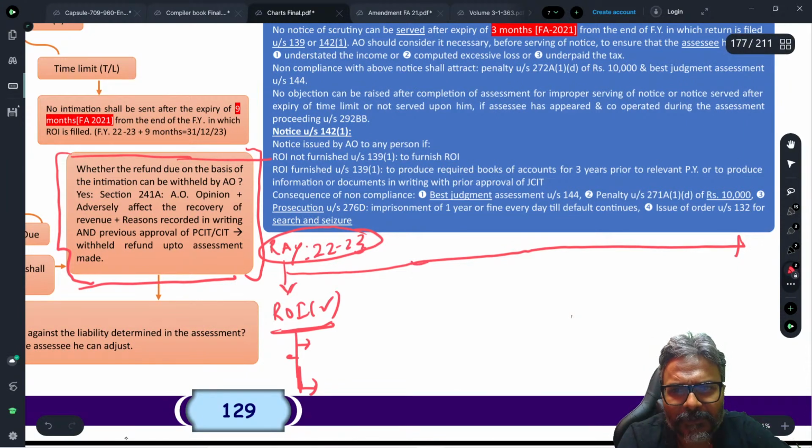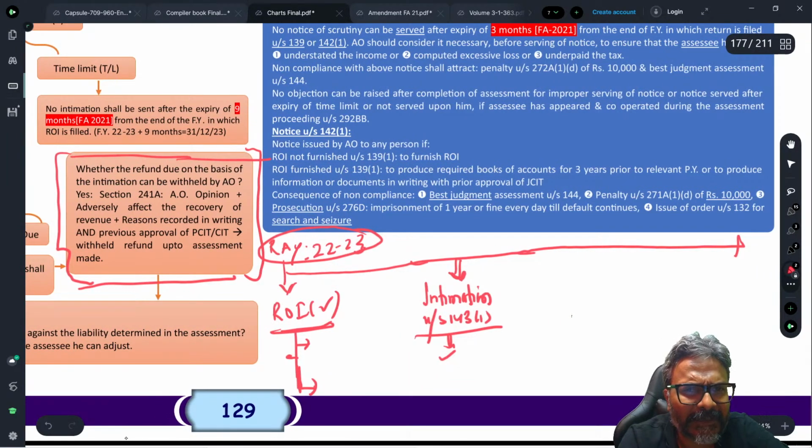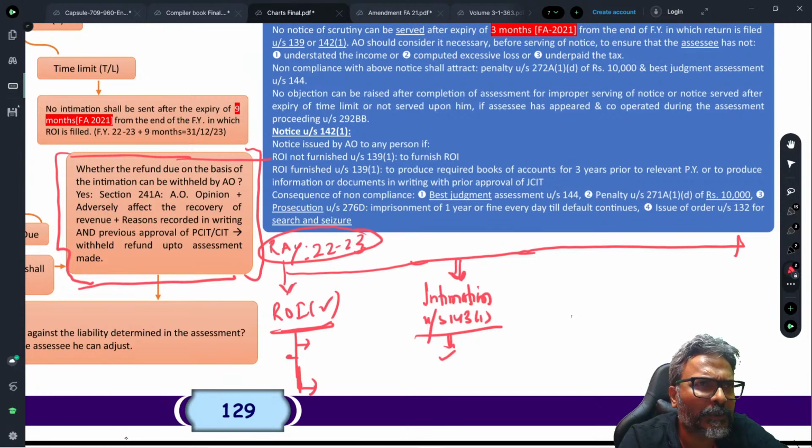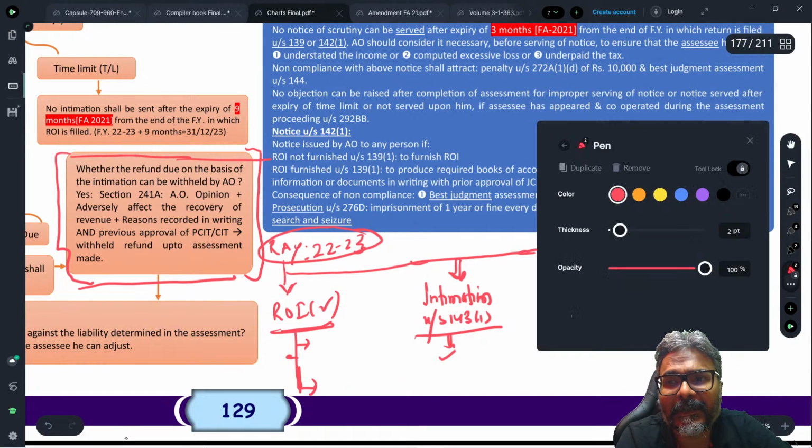Thereafter, after the due date, the intimation under section 143(1) also would have been sent. As you are aware, for the intimation you will see the scope and the time limit. We have just seen the intimation, so I'm not discussing this point anymore. Now comes the real game.